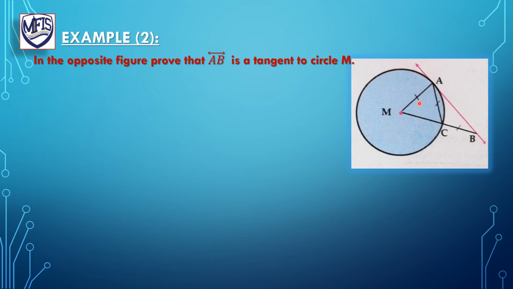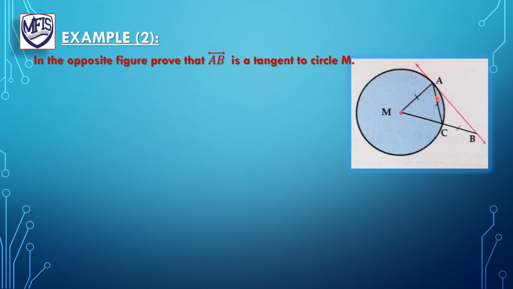Why? Because MA is a radius. And when measure angle MAB equals 90, that means this straight line is perpendicular to the radius. Therefore, this straight line is a tangent of the circle. Now, how to prove that this angle measures 90 degrees?